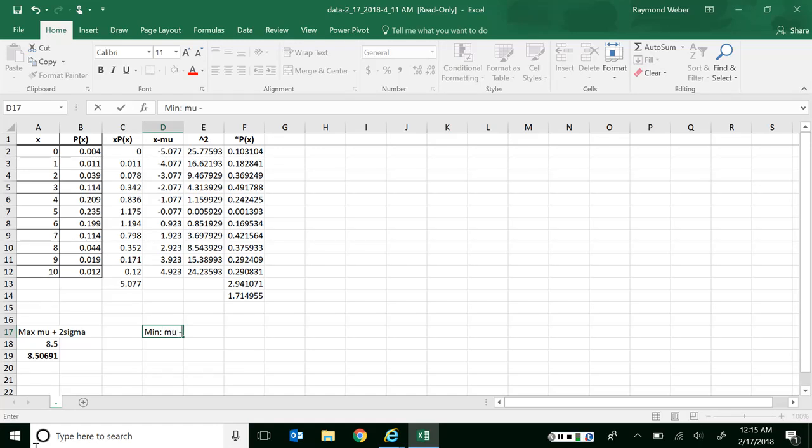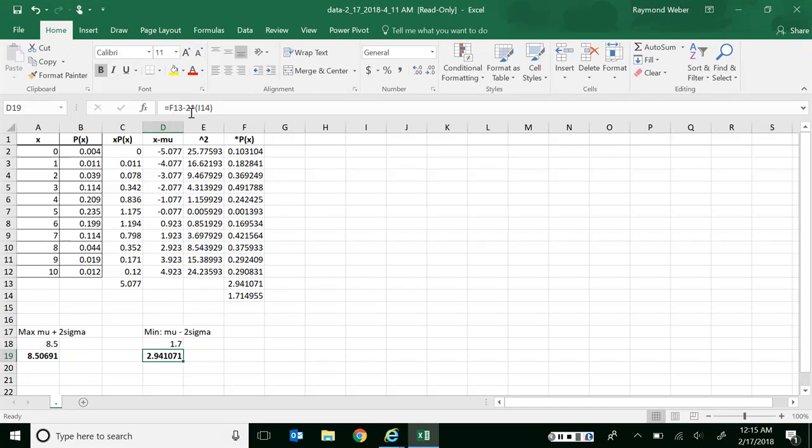Okay, so mu minus 2 sigma for the minimum value. What I'm going to do here is copy these two values, but change these to minus signs.